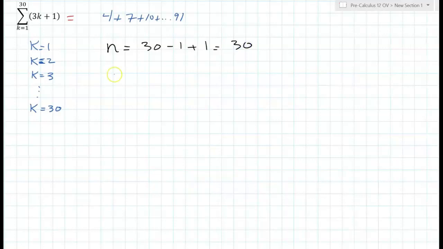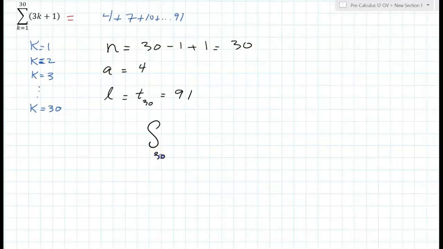So n is 30. What is A? A is 4. In this case we do have the last term, the 30th term, which we just did, that is 91. Great. Now we're going to use the sum of the arithmetic series.